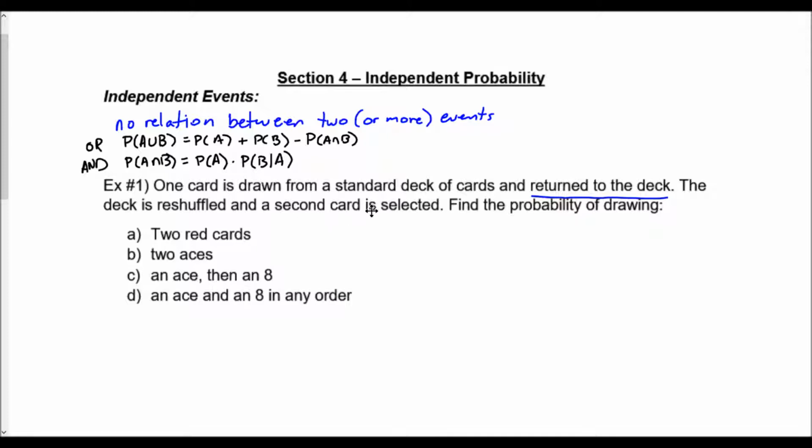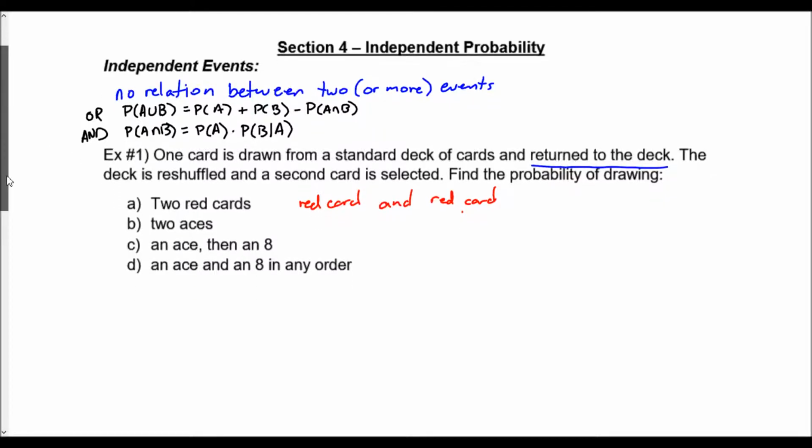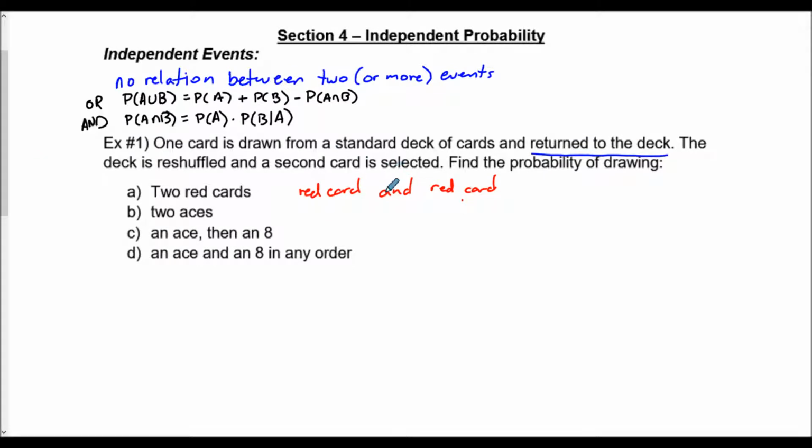So let's find out the probability of the following. 2 red cards. Well, that actually means that we have a red card and a red card happening. And because of that, and being a good example of this multiplication. So if we want to find out the probability of A and B happening, so 2 red cards being drawn, it's the probability of A multiplied by the probability of B, given that A has already occurred.